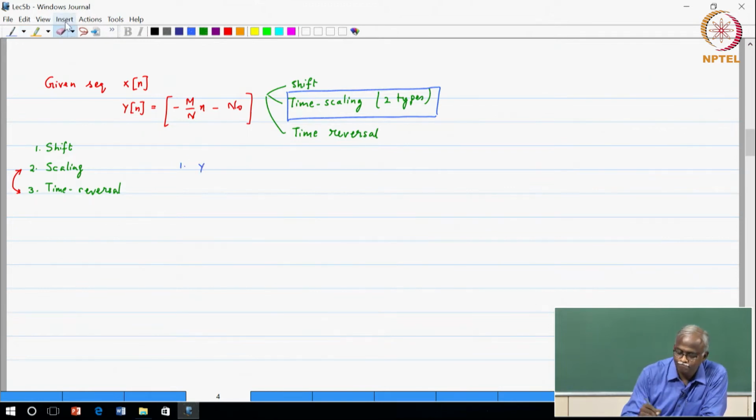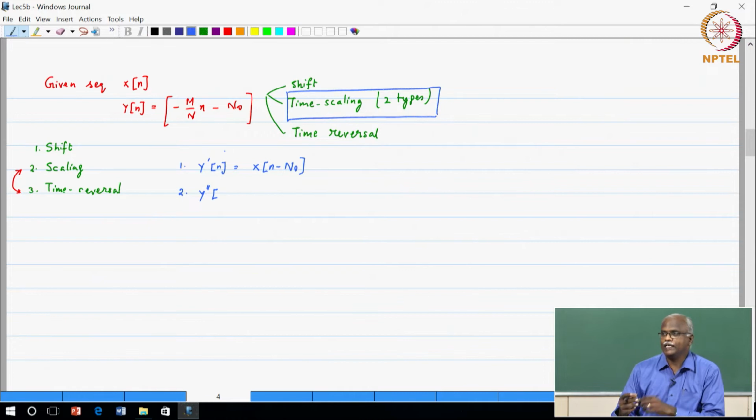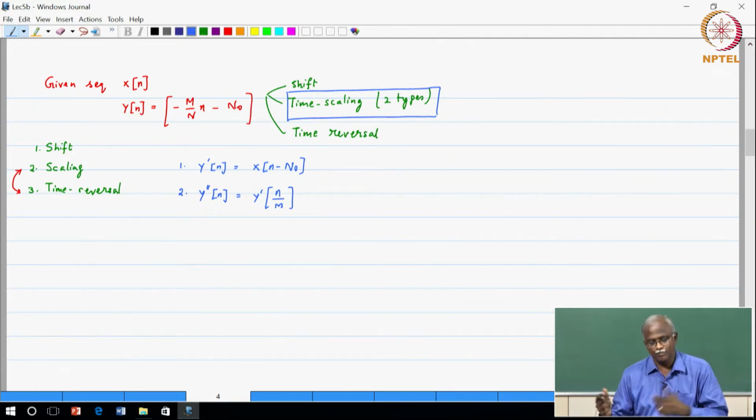So, the steps that we would do here: the first step would be to define y prime of n equal to x of n minus n naught. Then the second step is to do the sampling rate expansion: y double prime of n is y prime of n by n. This is the process of expanding the sampling rate, and it will also end up inserting a lot of zeros.